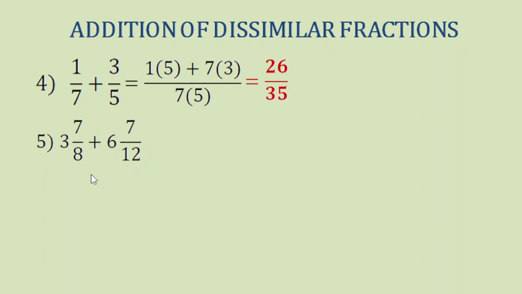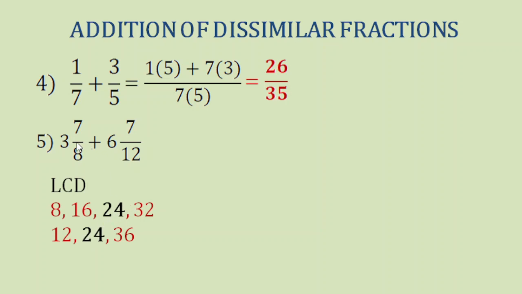This method is what we call the listing down of the multiples of the two denominators. The multiples of 8 are 8, 16, 24, 32, and so on. Then multiples of 12 are 12, 24, 36, and so on. Now you can see that 24 is the least common multiple, and this will be our LCD.